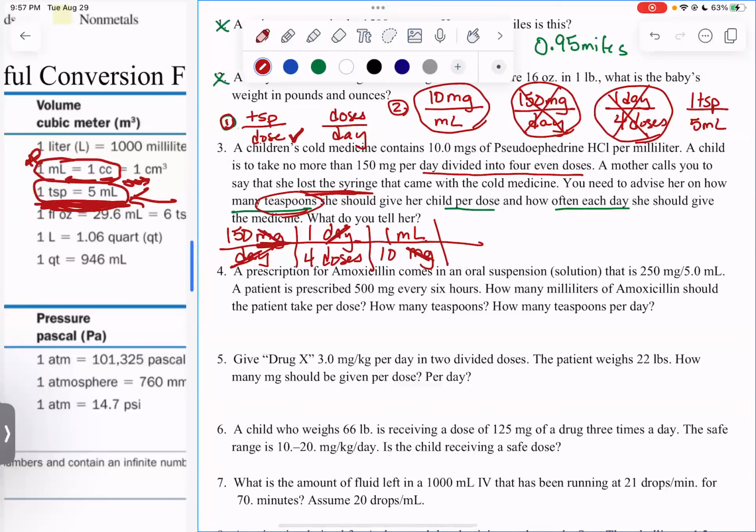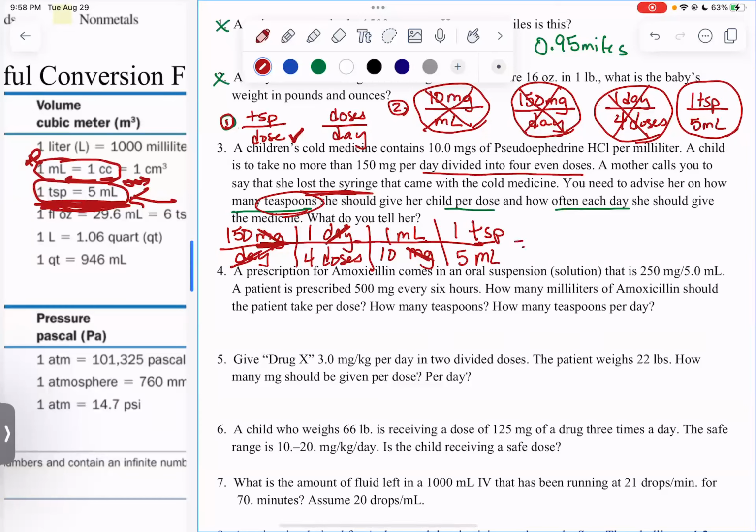We're getting closer. Now we're in volume. So that's milliliters. If I want to get rid of milliliters and get to teaspoons, because that's what the mom has, I know I can use this conversion factor and say 5 milliliters in every 1 teaspoon.